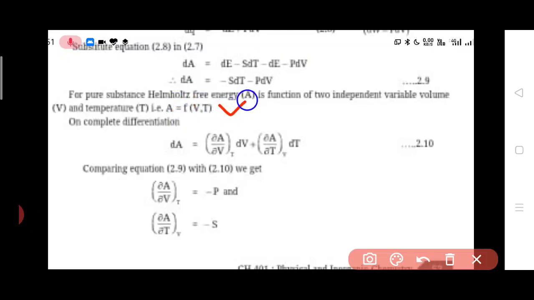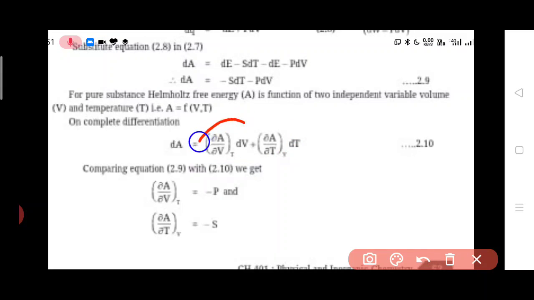So if we apply the complete derivative to this equation, you will get dA is equal to the partial derivative of A with respect to V at constant temperature, times dV, plus the partial derivative of A with respect to T at constant volume, times dT. Here the partial sign is a partial derivative.